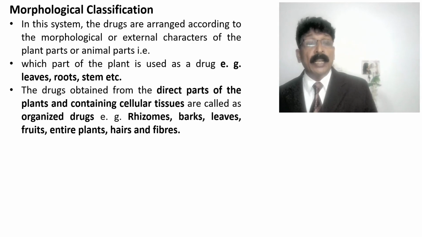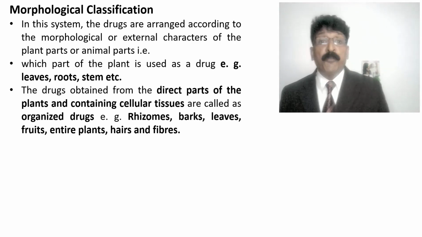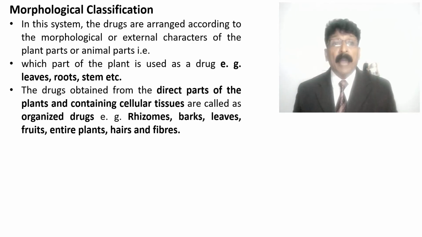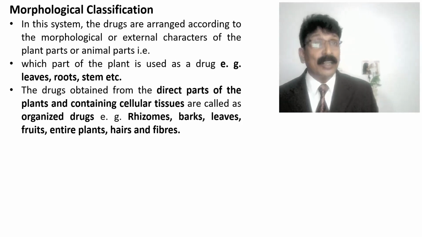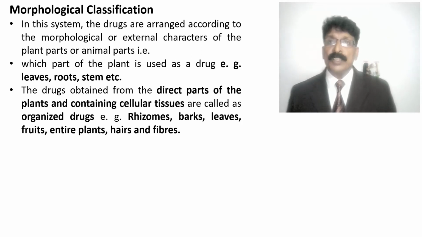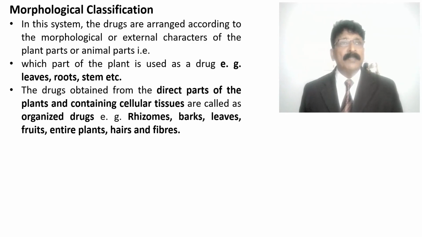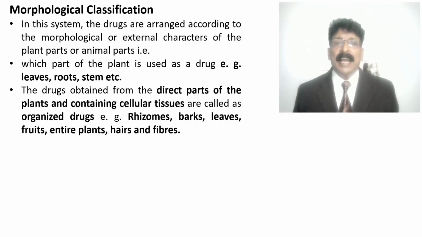Drugs obtained from the direct part of the plant and containing cellular tissues are called organized drugs. Examples: rhizomes, barks, leaves, fruits, entire plants, hairs and fibers.